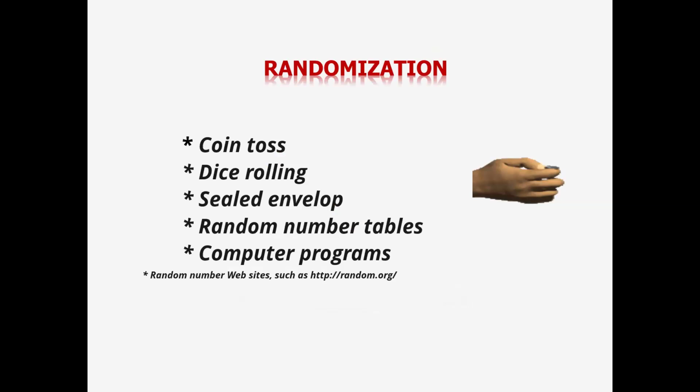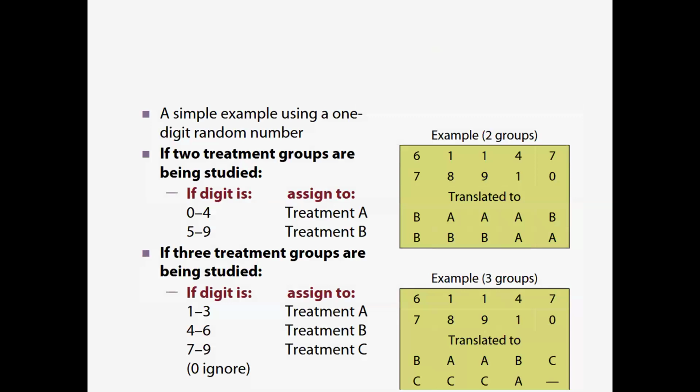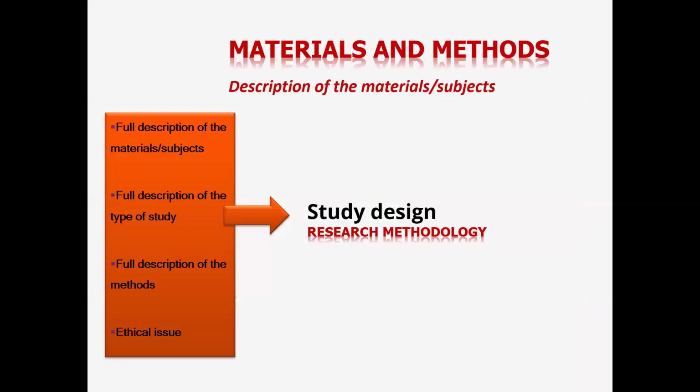Of course, randomization is more suitable for clinical trials and experimental studies. So we have to mention which type of randomization we used in our study. And there are many software programs to use in order to do randomization.